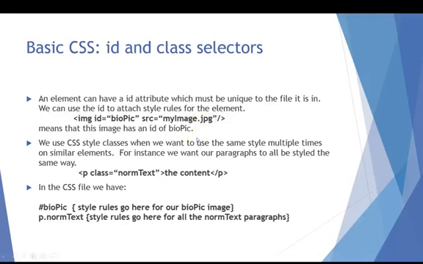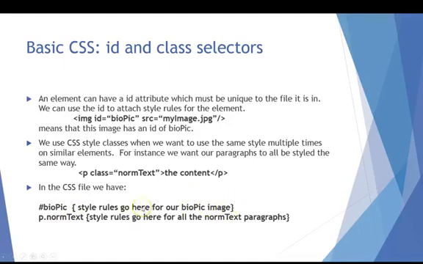Okay? Really what I'm mainly concerned about now is that when we use this ID, we can create the style in the CSS, and that's called an ID selector. So here I have this ID of biopic for my image, and then the code in the CSS to style it will be #biopic, and then here I have a curly brace block, and I'll have my style rules in that block.